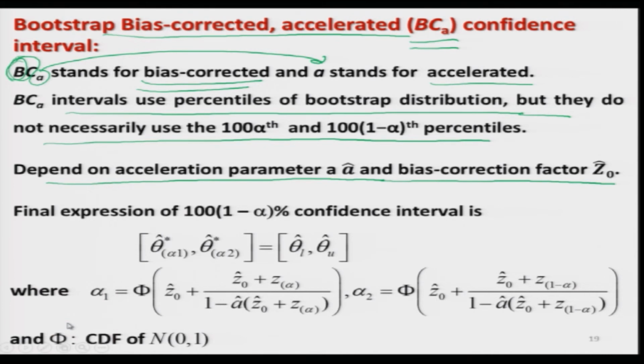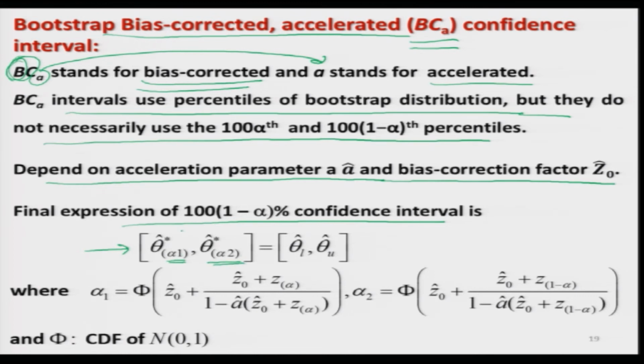Okay, so once you do all the algebra and all the statistical tools, the final expression of the 1 minus alpha % confidence interval comes out like this, where the lower limit is denoted by theta hat star alpha 1 inside the parenthesis, and the upper limit is denoted by theta hat star alpha 2 inside the parenthesis.